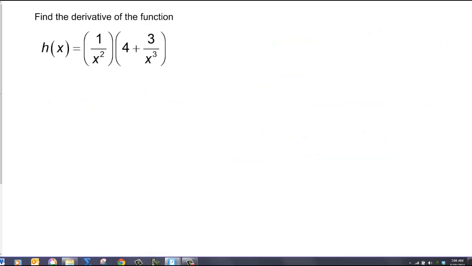Let's take a look at another problem. Now, the issue with this is that it's not written in cx to the n form. So I don't know how to find the derivative of these terms. I need to change this. So I have h of x equals x to the negative 2 times 4 plus 3x to the negative 3.